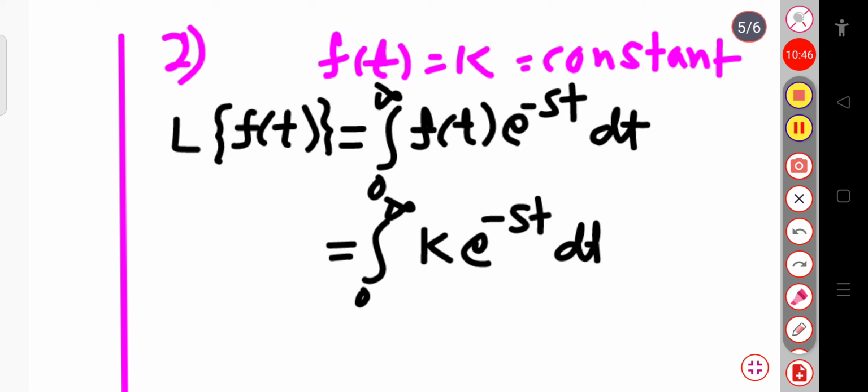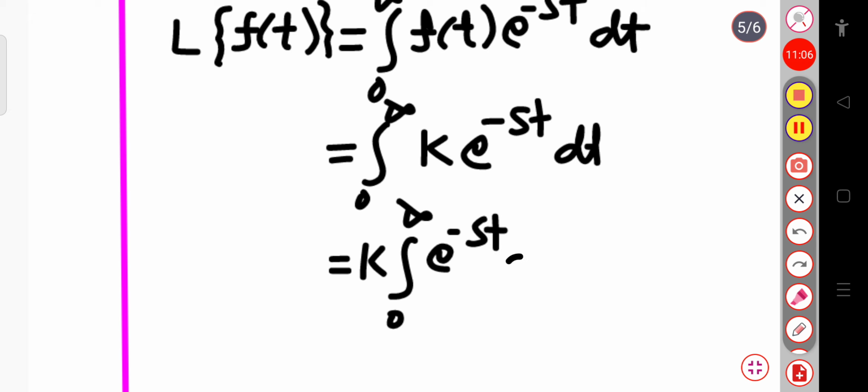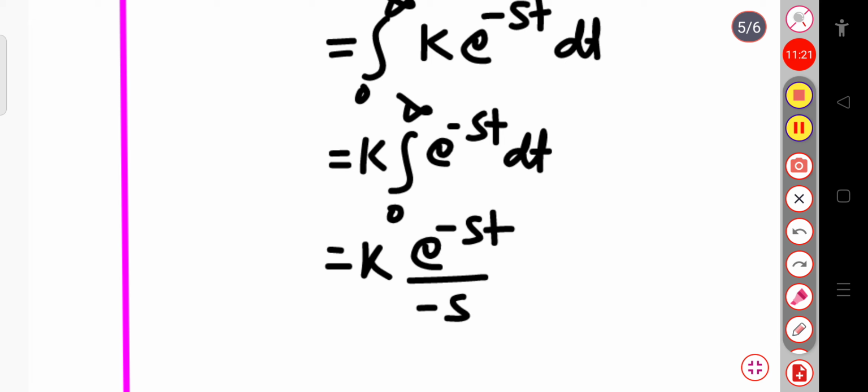Now k is a constant, so I can take it outside of the integration. So this is k into the integration from 0 to infinity of exponential minus st dt, which is k into exponential minus st divided by its coefficient, that is minus s, over 0 to infinity.